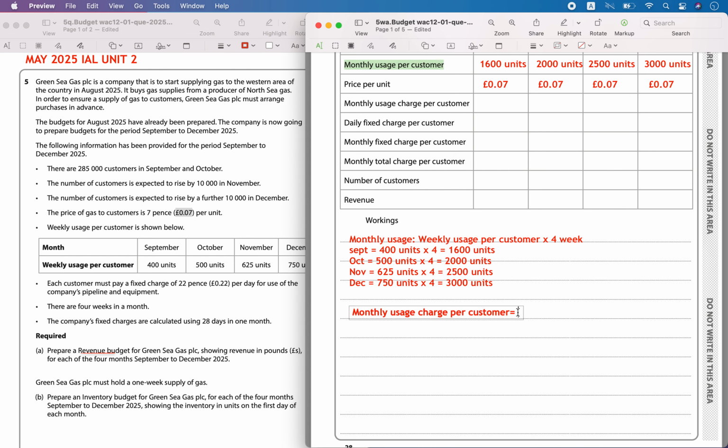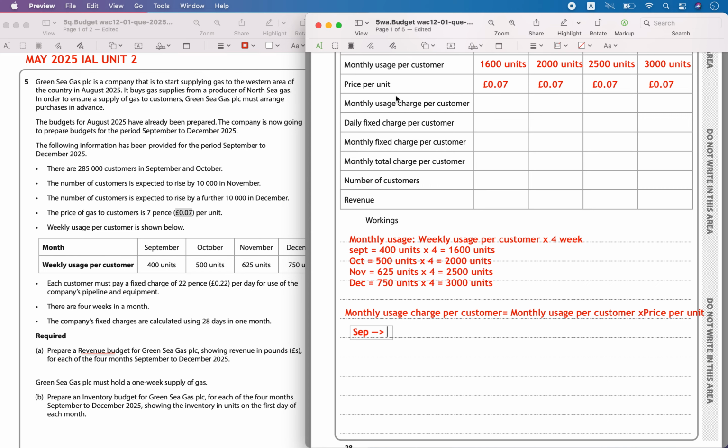How many units are they going to use in the month times the rate they pay per unit. So if they use 1600 units and the charge is 0.07 per unit, it is 1600 units times the rate.